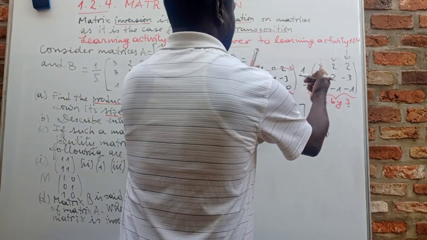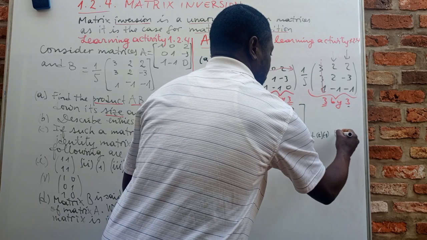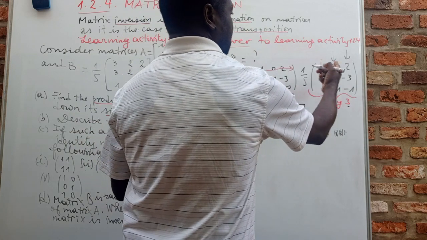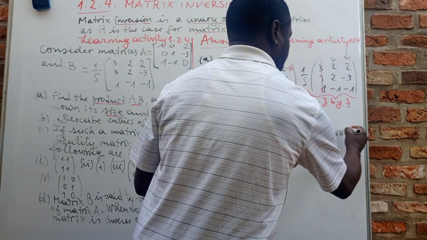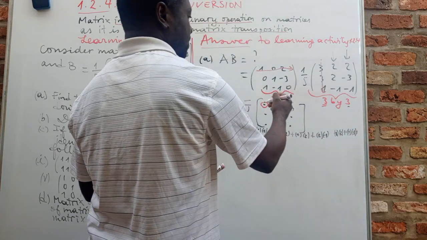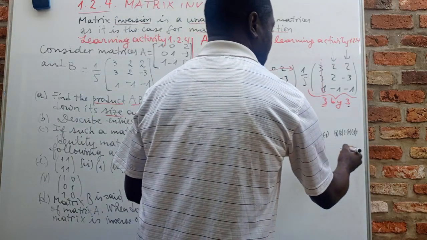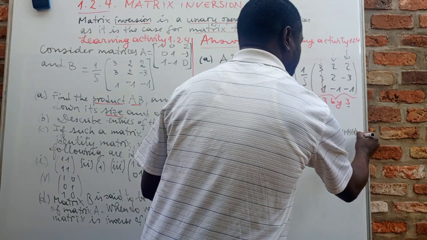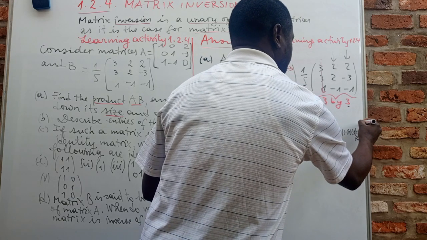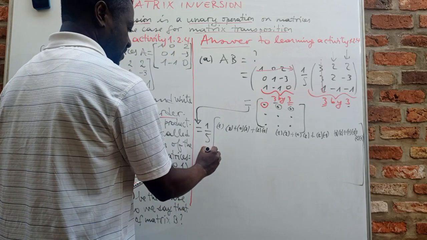So I will have 1 times 2 plus 0 times negative 3, and last, 2 times negative 1. So this is the matrix that I will have.